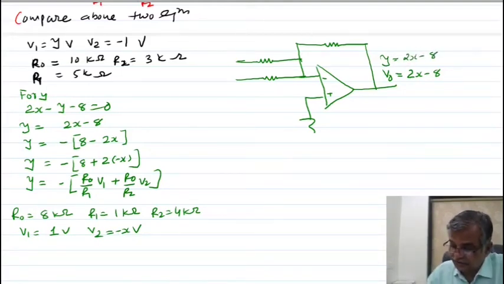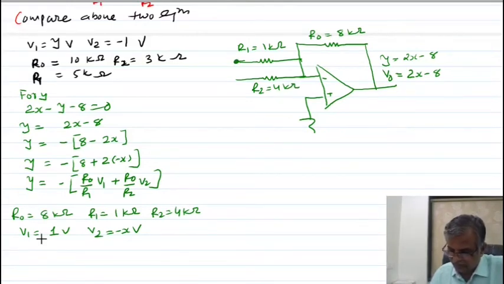Now look here. R0 is how much? 8 kilo ohm. This is R1. How much? 1 kilo ohm. This is R2. How much? 4 kilo ohm. What is the input? V1, 1 volt. So already you know how to adjust the 1 volt.